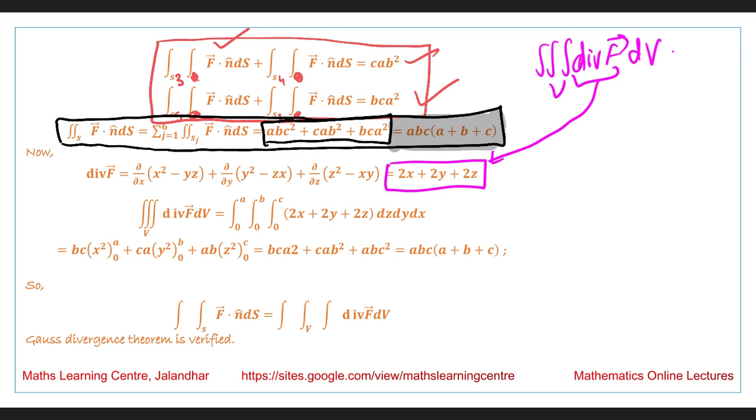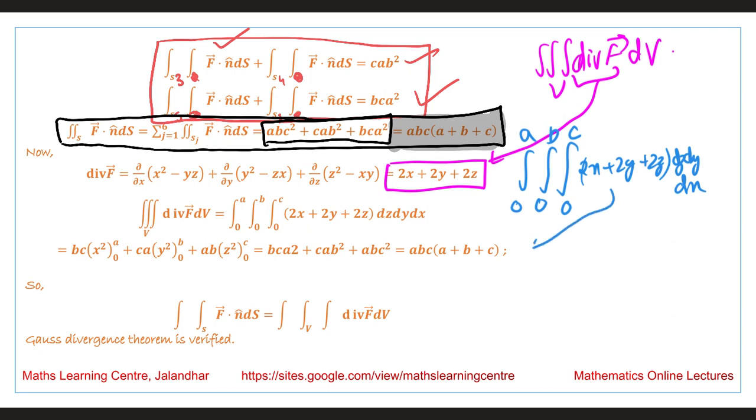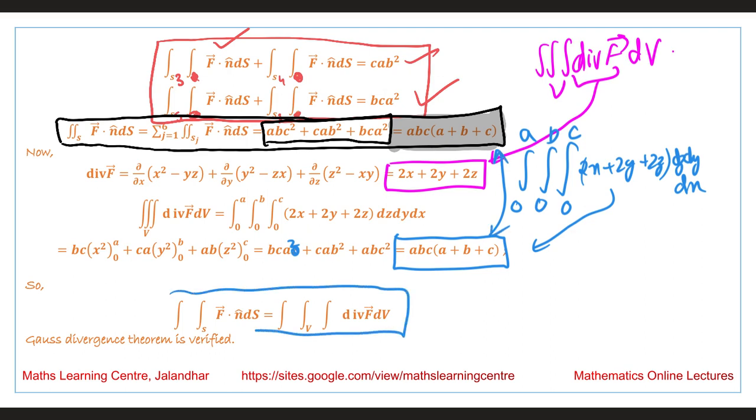So we are evaluating the triple integral of 2x plus 2y plus 2z into dz, dy, dx. The limits are varying from 0 to c, 0 to b and 0 to a. And on solving this integral, again the answer we obtain is abc into a plus b plus c, and clearly both these values are equal to each other.